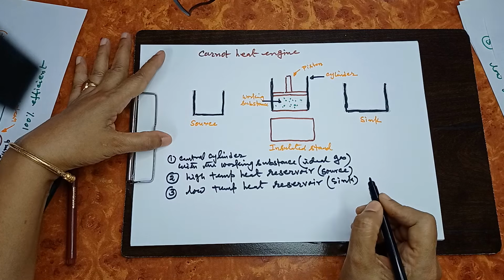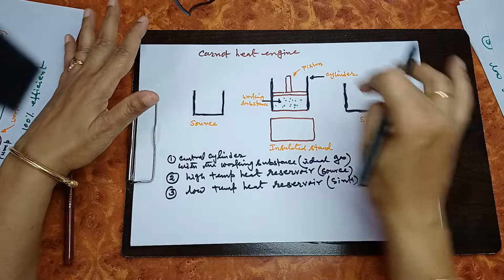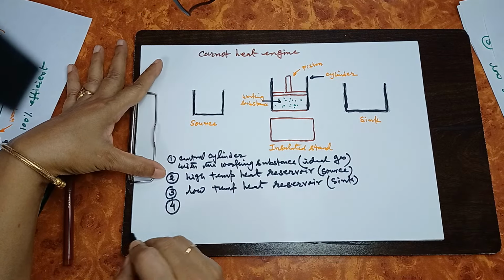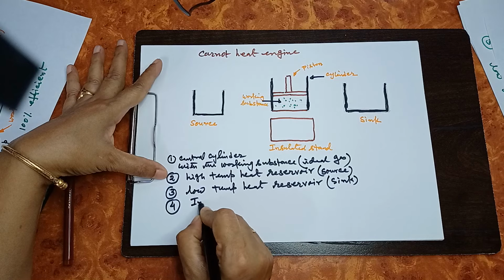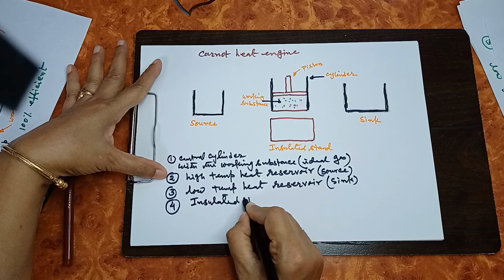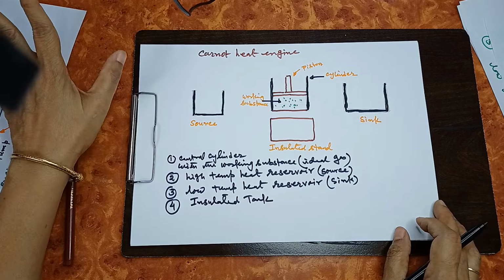Sink also must have infinite thermal capacity, so that when the heat is released here, temperature will not alter. Number 4, insulated stand. So these are the different parts.